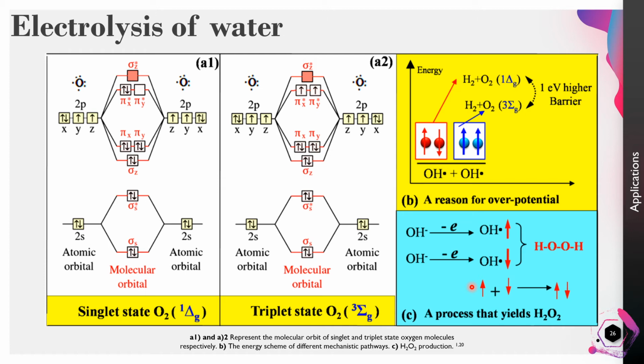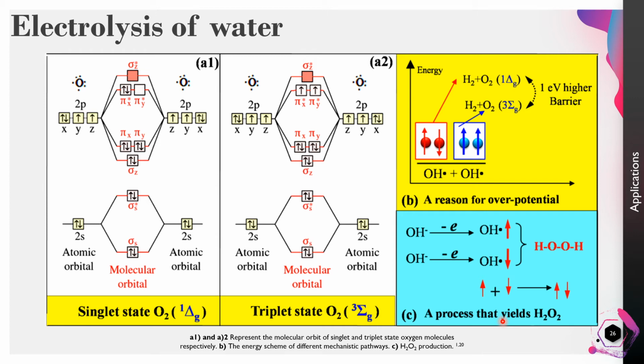If you reduce these hydroxide anions and you end up with opposite spin radicals, then you can form peroxide. However, if the electrons that are being created are all spin polarized, then you significantly reduce the yield of peroxide in your water electrolysis process, which is highly desirable.